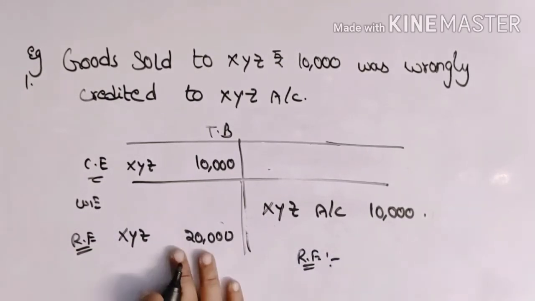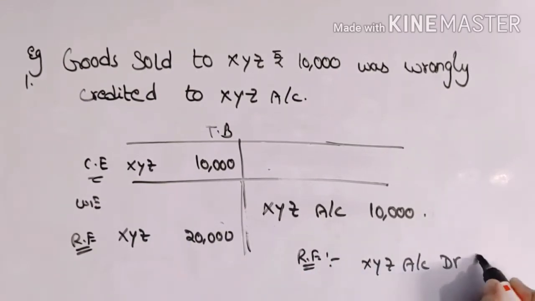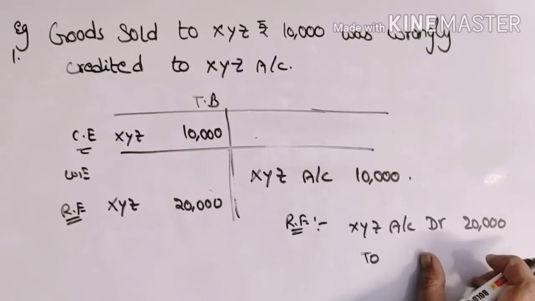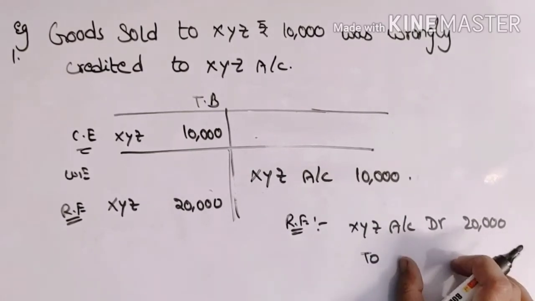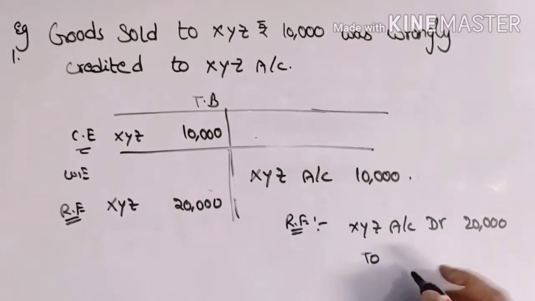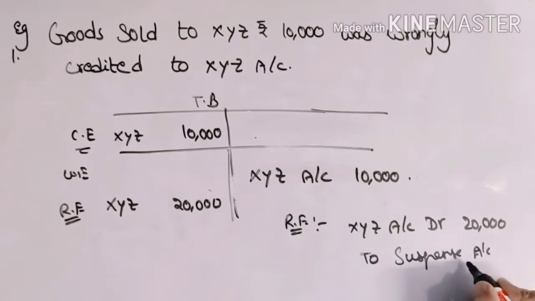Debit the XYZ account 20,000. Now in the credit side, what account can we use? Actually the sales account must come in this credit side, but they say that there is no error in the sales account. So we can simply use the suspense account here. To suspense account 20,000.